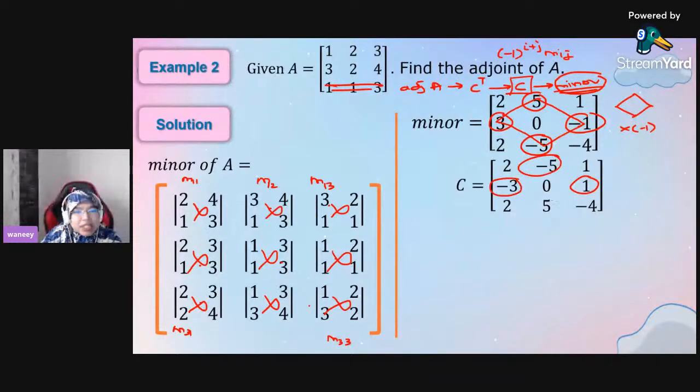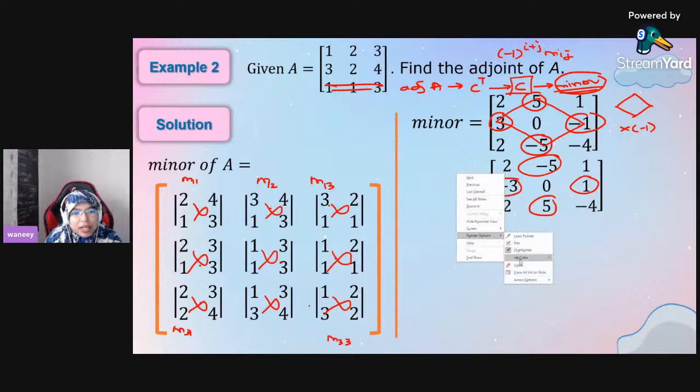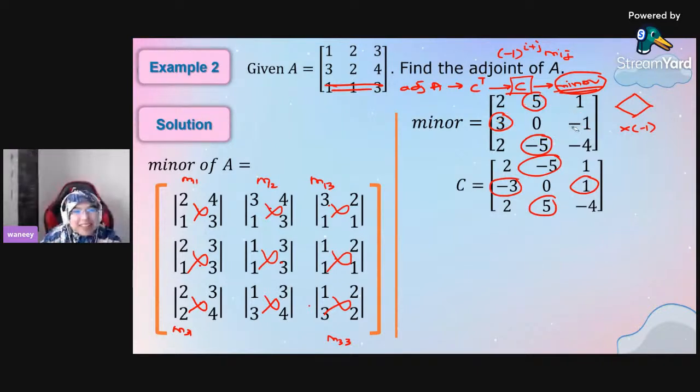I change the sign. Just in case you cannot see, let me delete a bit above.